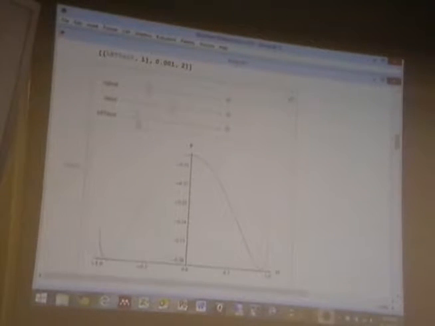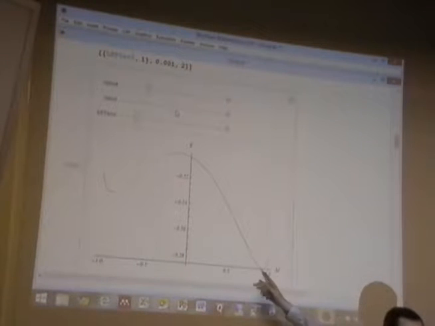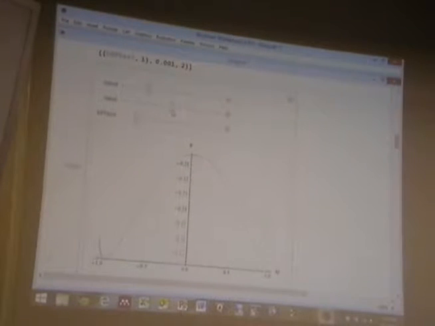It's getting pushed towards plus or minus 1. And what if I had a magnetic field? Right? Well, if it's a positive field, it makes the positive magnetization state go lower in free energy. If I have a negative field, it makes the negative magnetization state be lower in free energy.